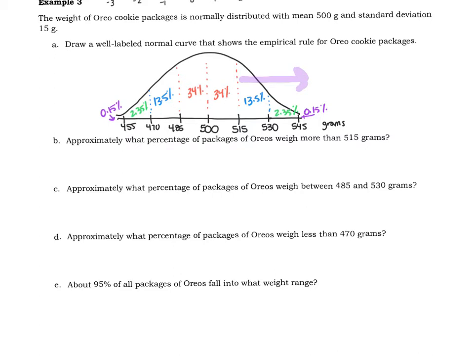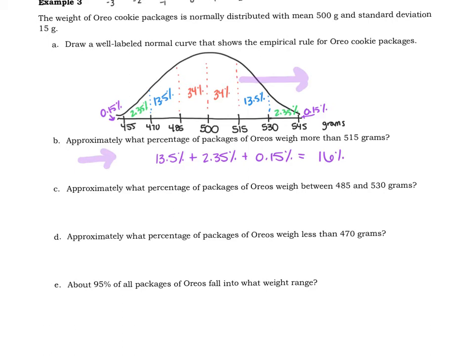I'm going to draw the purple arrow here so we know what goes with what. To get that total, we would add up the percentages starting at that dotted line to the right. So we would be adding 13.5% and the 2.35% and the 0.15% for a total of about 16% of packages weighing more than 515 grams.